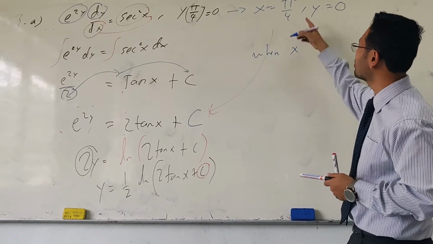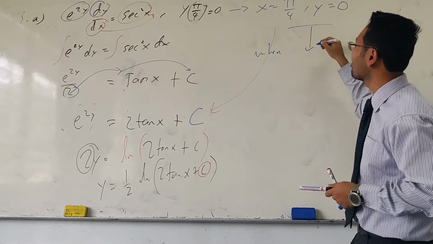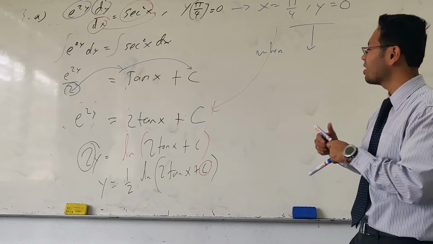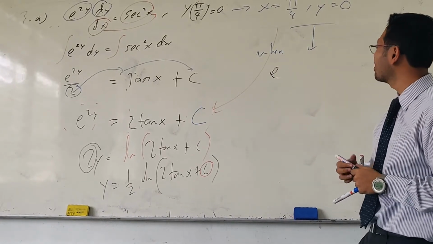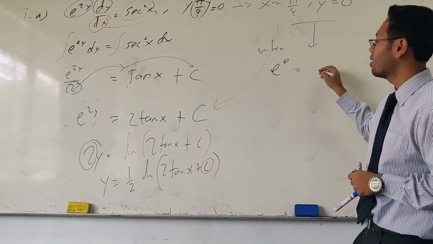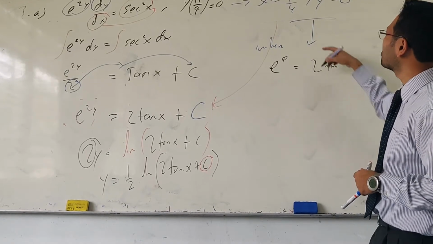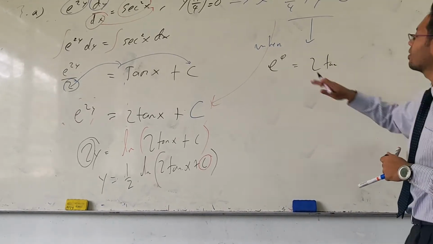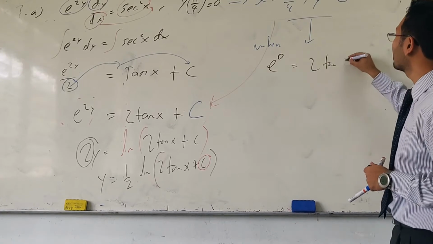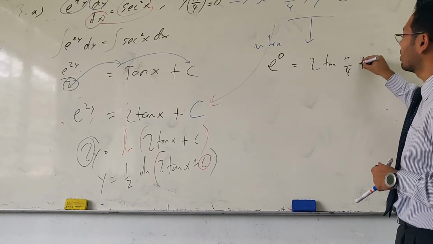So when x equals this value, we got ourselves e to the 0 equals tangent pi over 4 plus c.